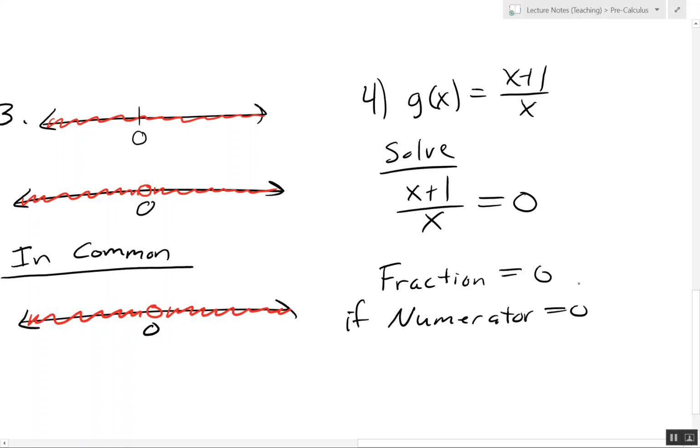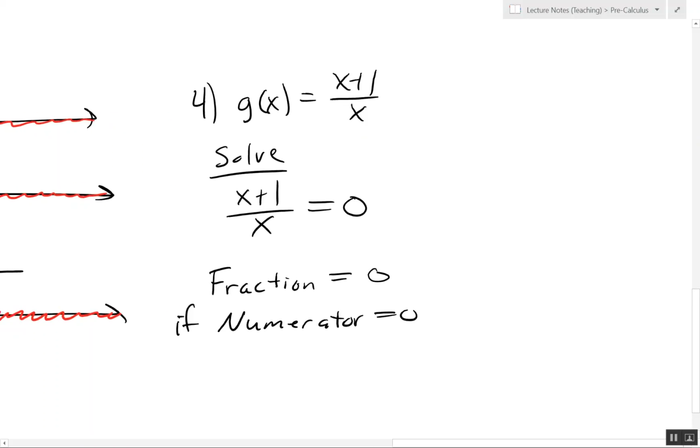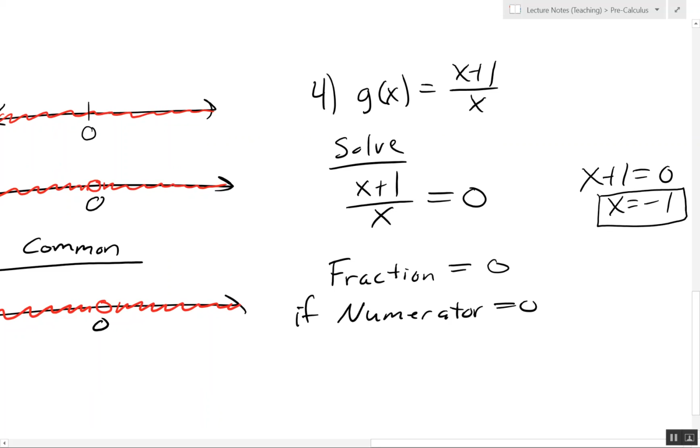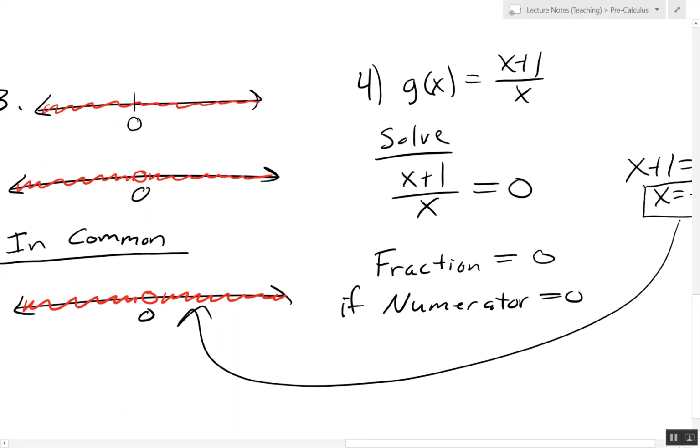This is a fact you should have learned in a previous course, but in case you've forgotten or somehow missed that detail, that is always true. So the only thing we have to do is look at x plus 1 equals 0. So if we solve that, we get x equals -1, and this value we're going to have to exclude from this number line.